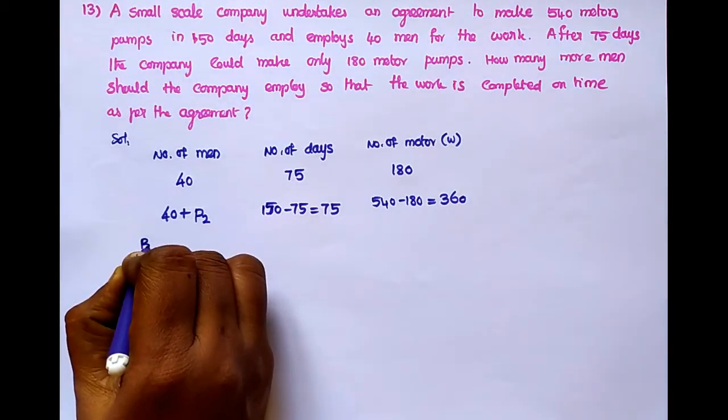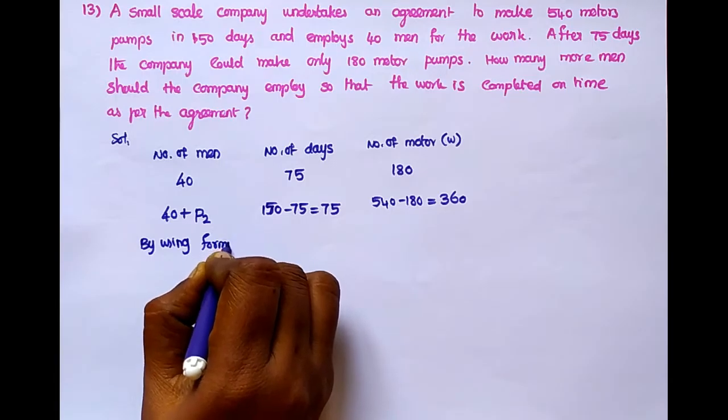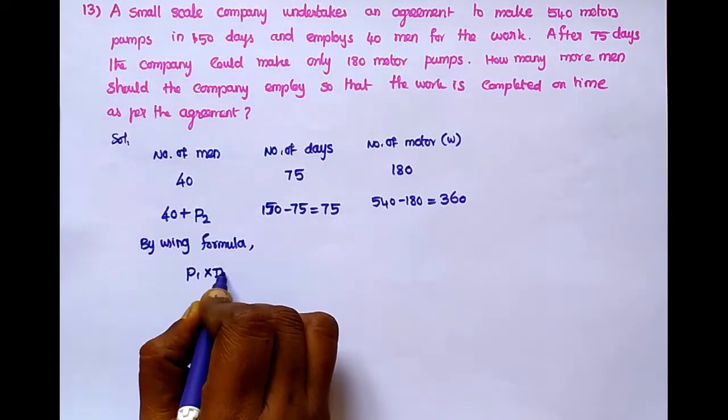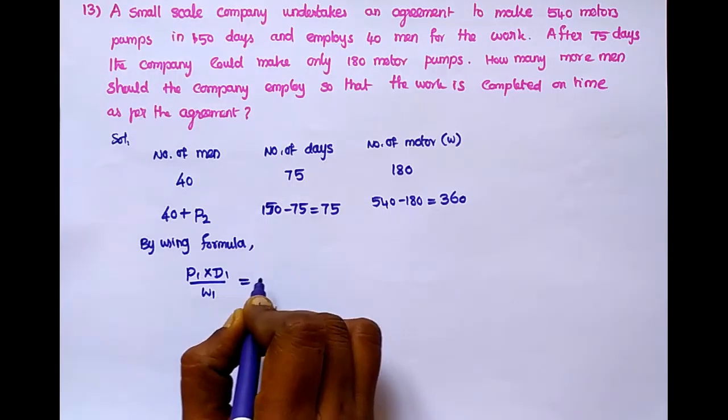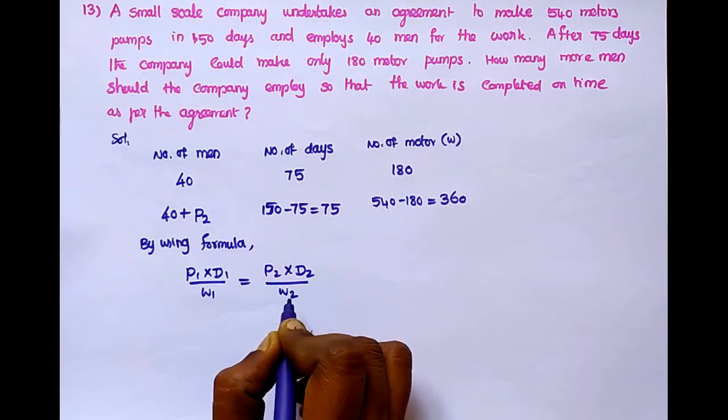Now by using the formula, P1 into D1 divided by W1 equals P2 into D2 divided by W2.